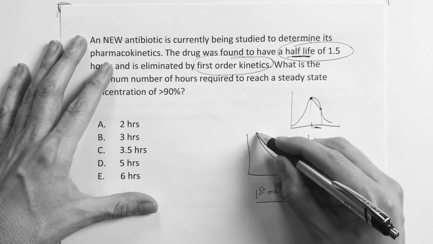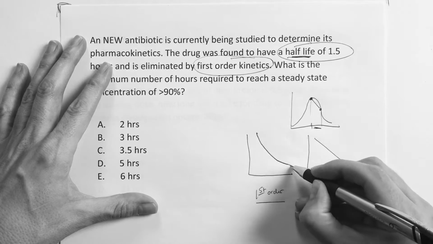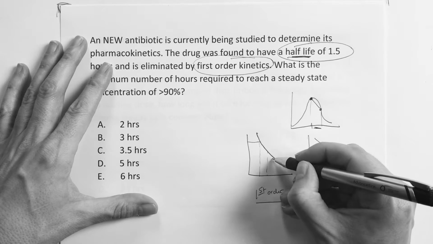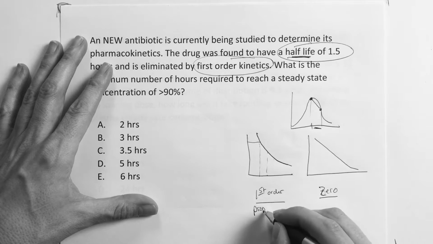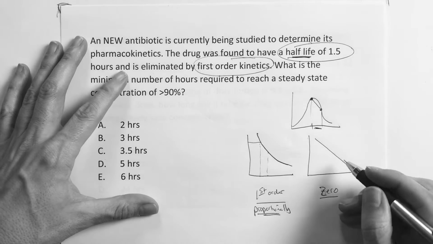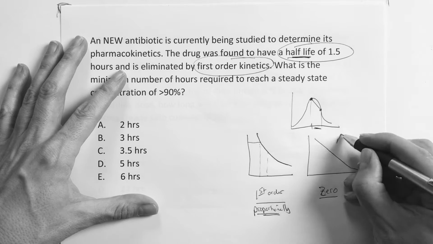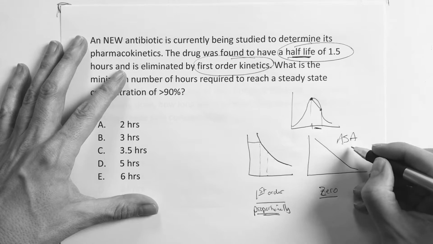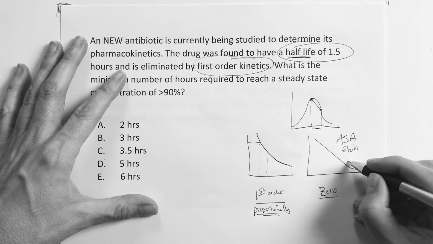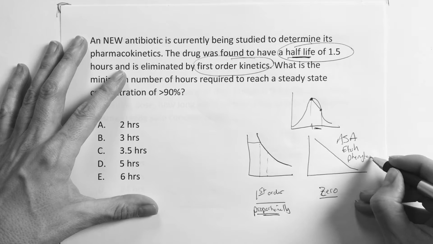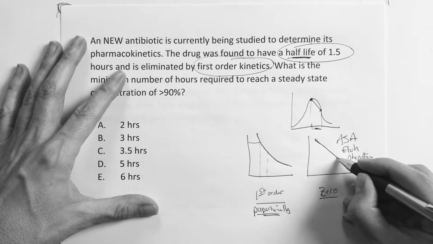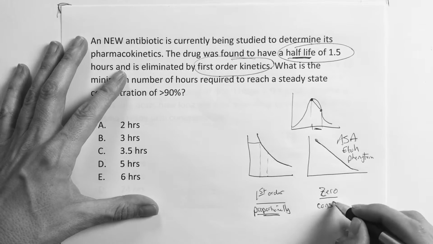So when a medication is first order kinetics, it goes down proportionally. Versus zero order kinetics, and they say aspirin, alcohol gets metabolized, and then phenytoin. Those are your common ones. These go down by a constant amount, they say.